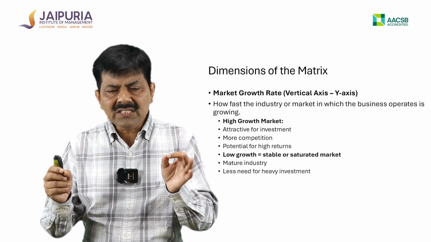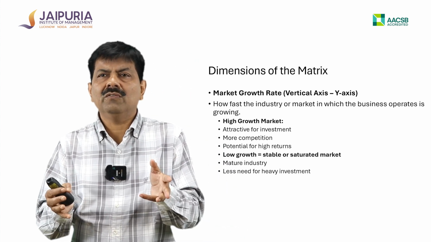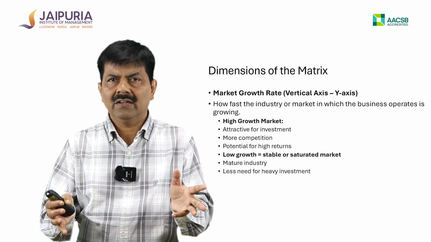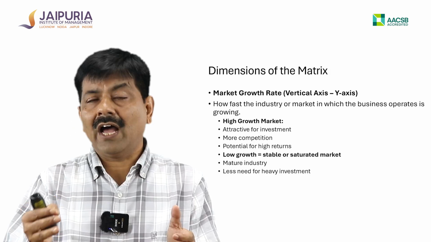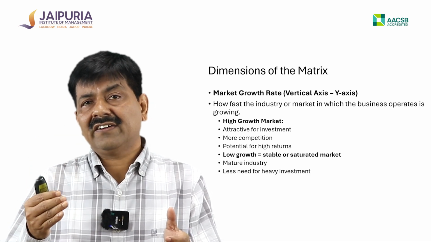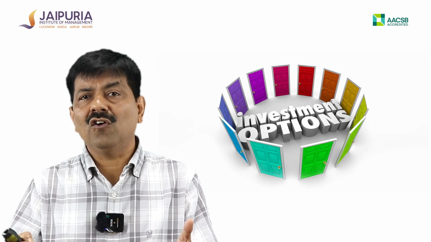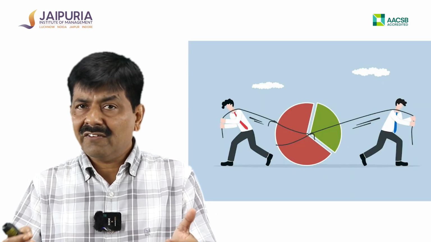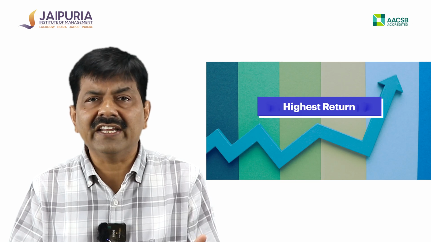Market growth rate means how fast the industry or market in which the business is operating is growing. There are sectors with a very high growth rate, high growth markets. Such a market attracts investment, there is a higher level of competition, and the potential for returns is very high.